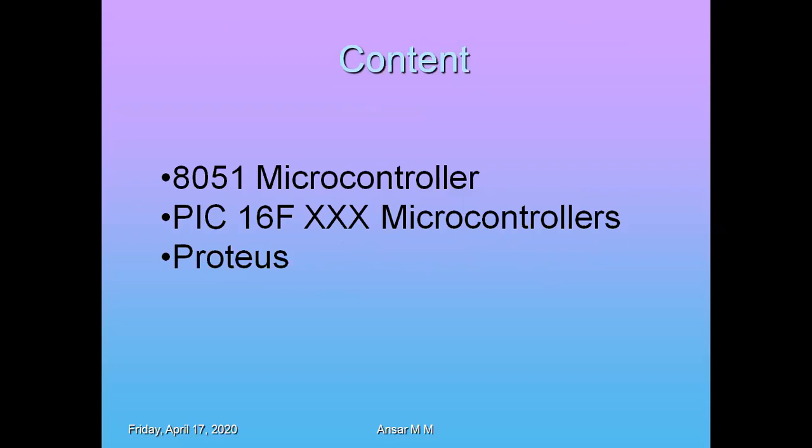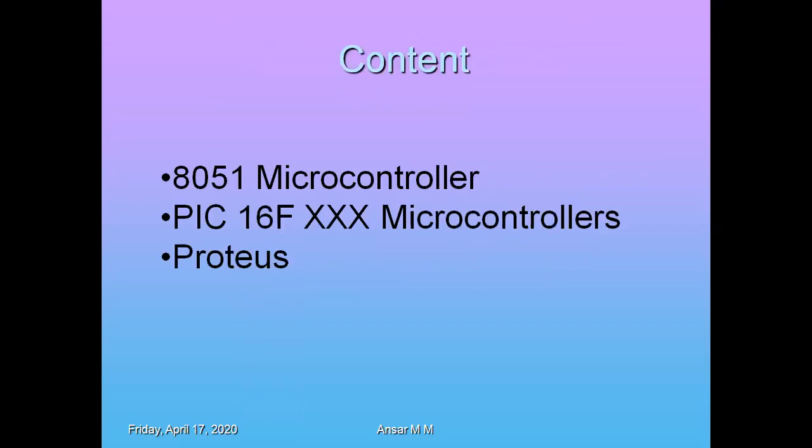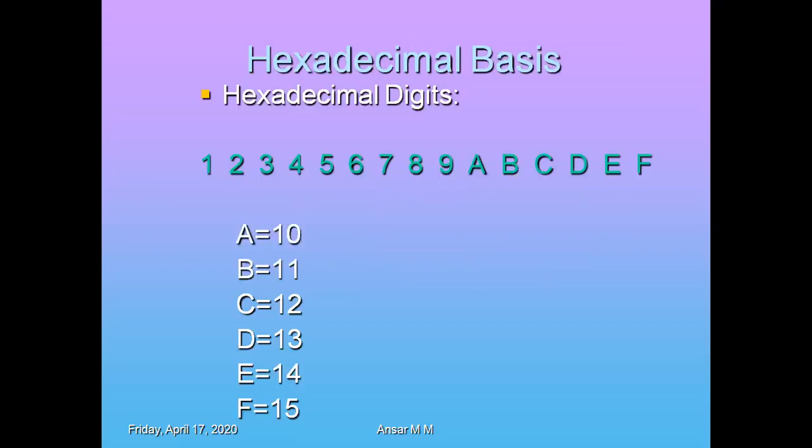Before we go into this course, we may need some knowledge about the hexadecimal numbering system. Why are we focusing on the hexadecimal numbering system? Because the 8051 microcontroller and the PIC16F series microcontroller are all 8-bit microcontrollers. That means the data manipulation is based on 8-bit data.